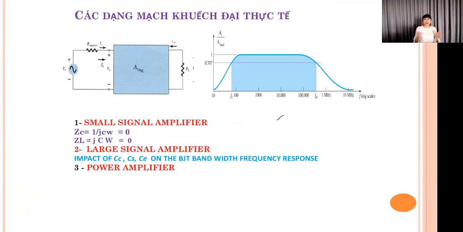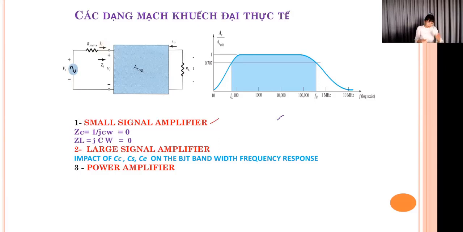This means we have an electronic circuit, and on the right side is the output and on the left side is the input. The input is related to the AC signal and AC energy, and we have three kinds of BJT and FET amplifier. The first kind is the small signal amplifier.